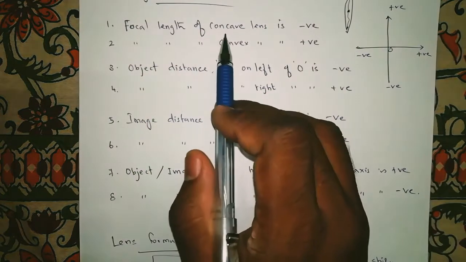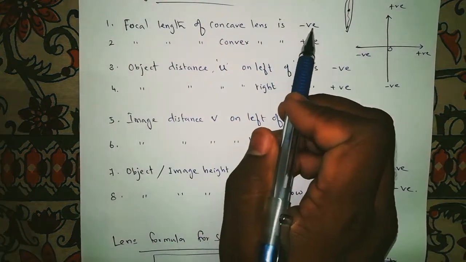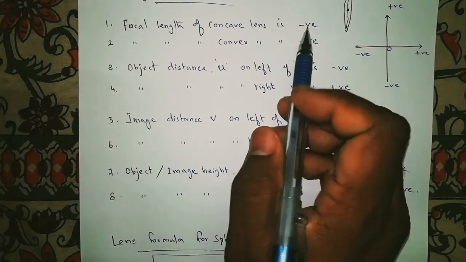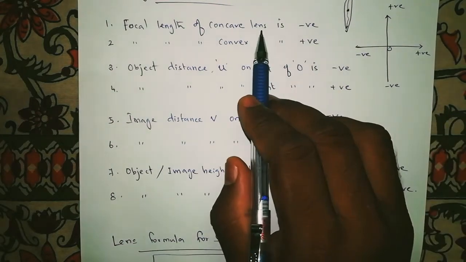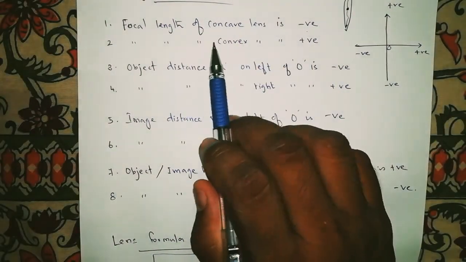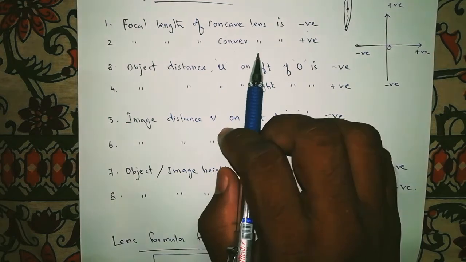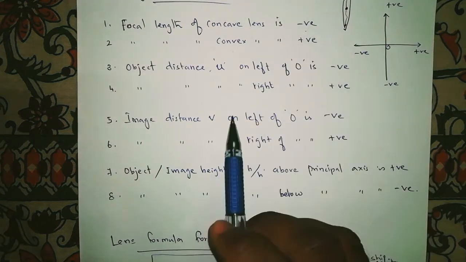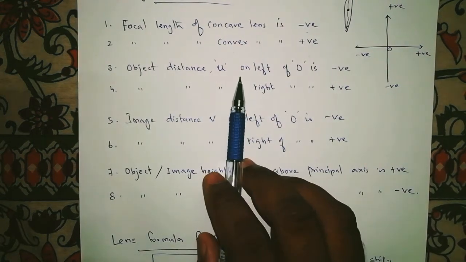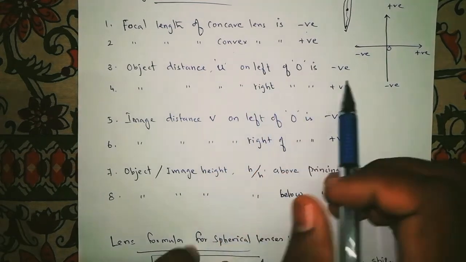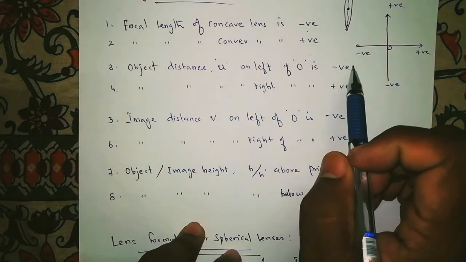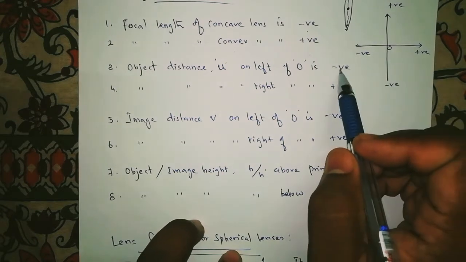The focal length of the concave lens is negative. When it comes to focal length, a concave lens is always negative, but the focal length of a convex lens is going to be positive. The distance u on the left of an optic center is always negative.